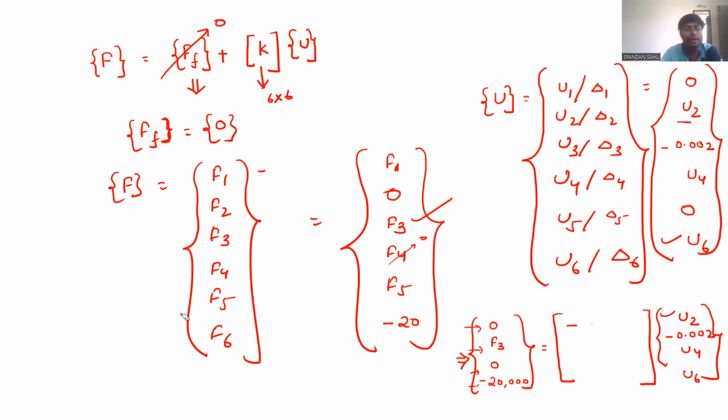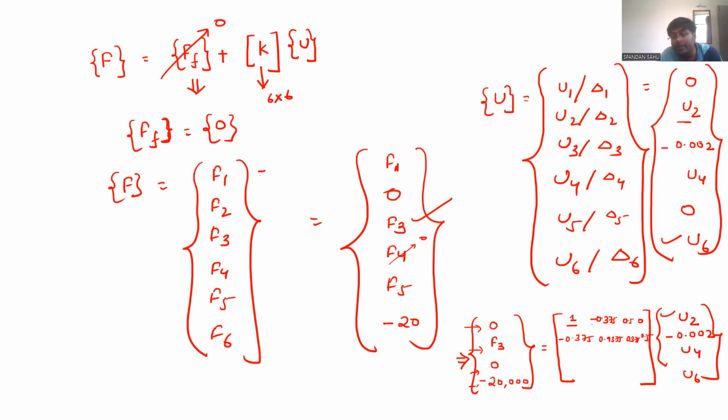So when you extract that, you will get 1, minus 0.375, 0.5 and 0. Next will be minus 0.375, 0.9375, 0.375 and 0.5.